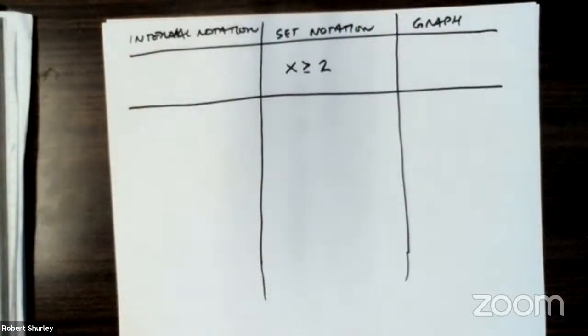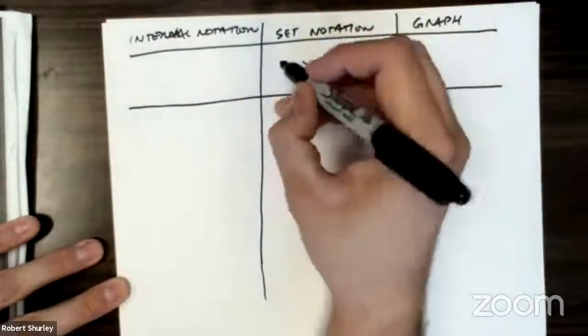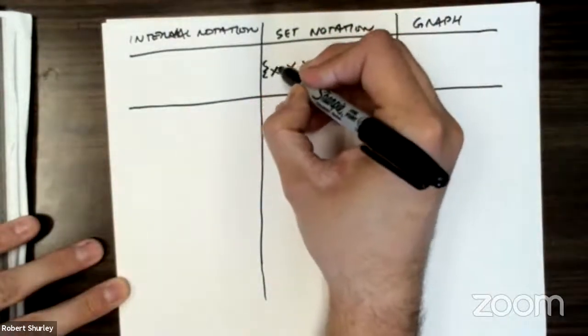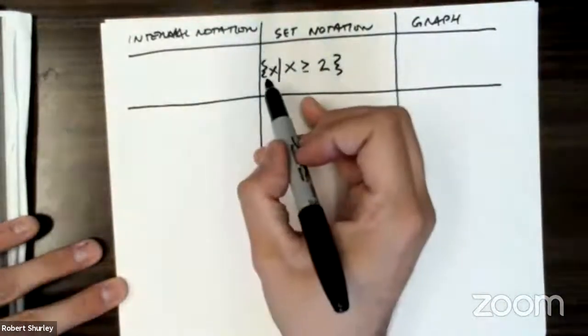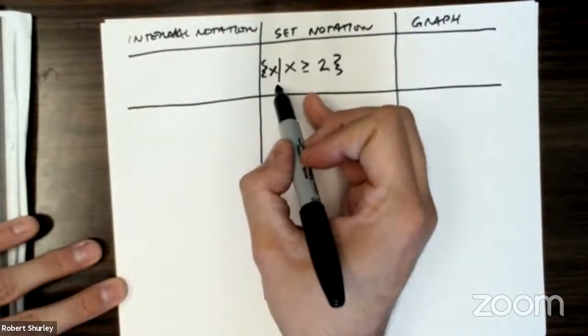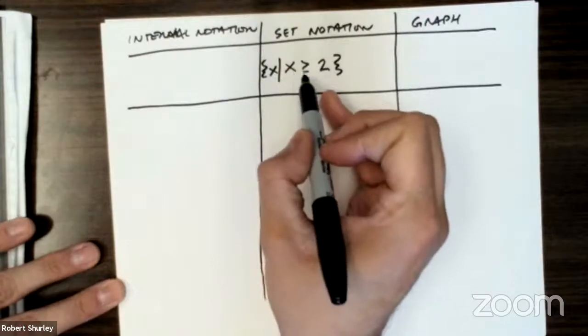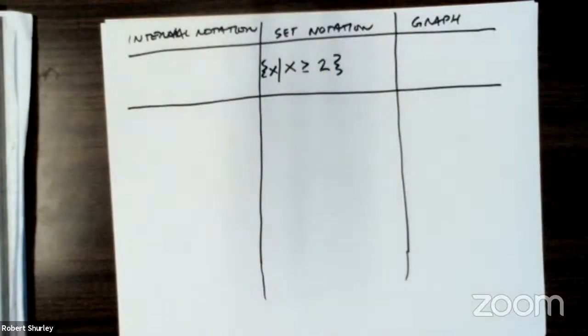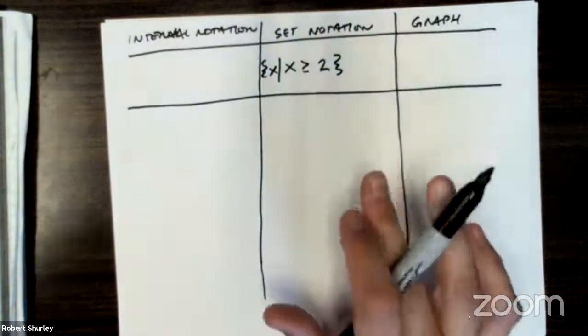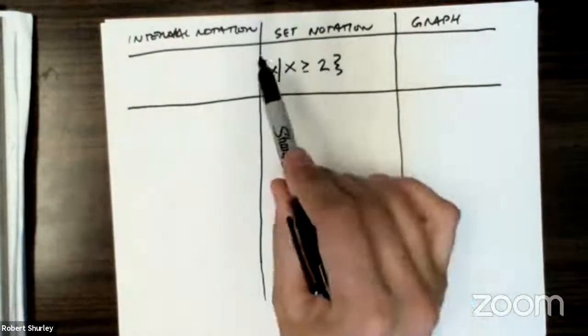I'm not doing the same set builder that they do. You have to put a squiggly bracket, x given x's. That's how they do it in the book. And this means x can be anything given x is greater than or equal to 2. It's a long way to say it. But if you're looking at the book, you'll see that their set builder looks more like this.